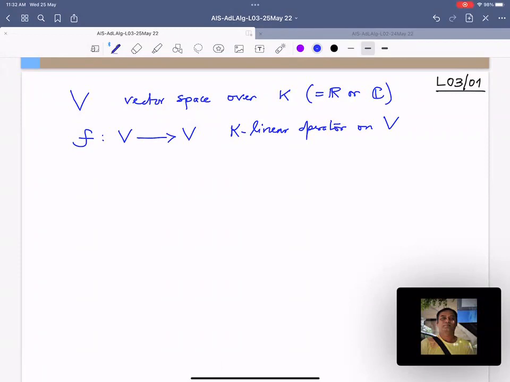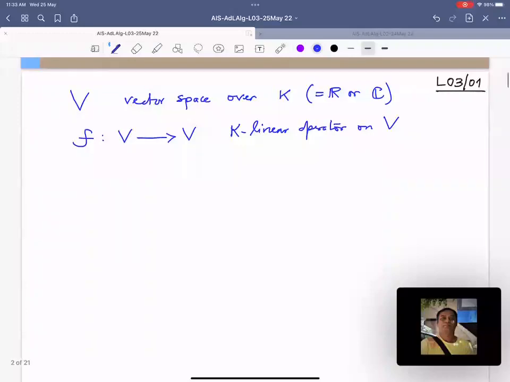The standard trick to study linear operators on a vector space is by making V a module over the polynomial ring K[x]. How? It's like this.